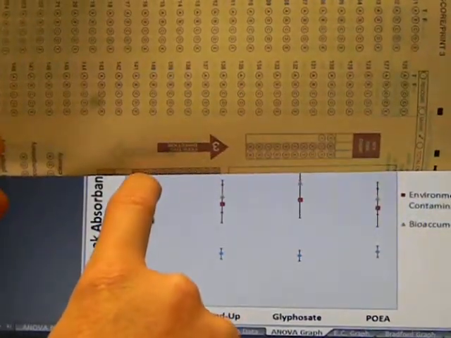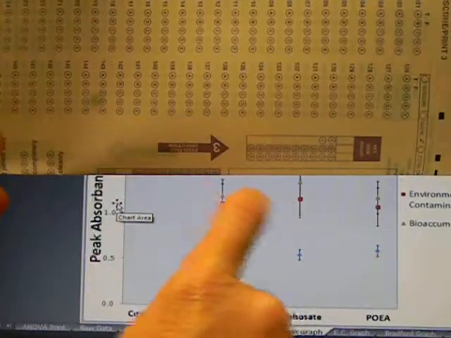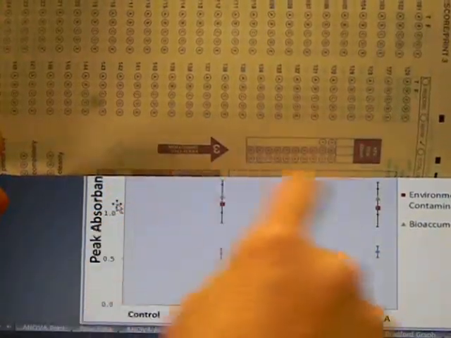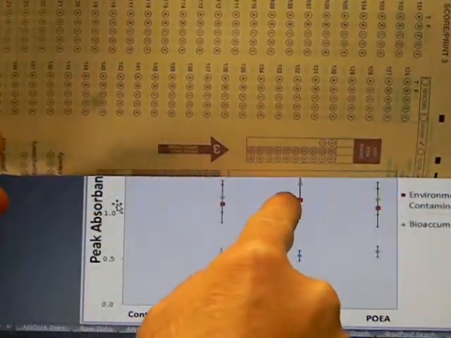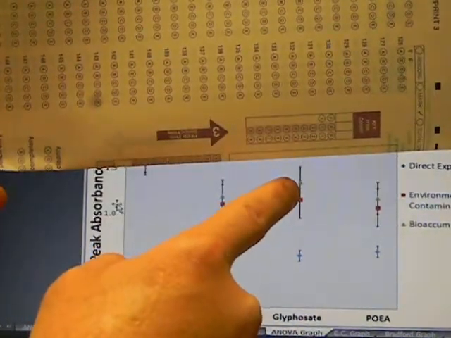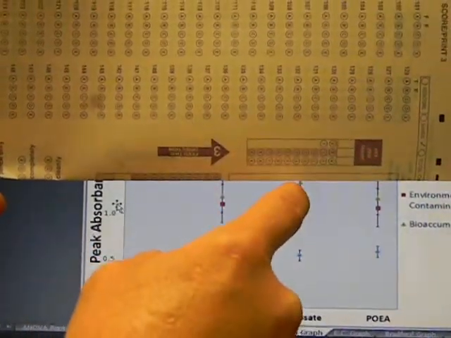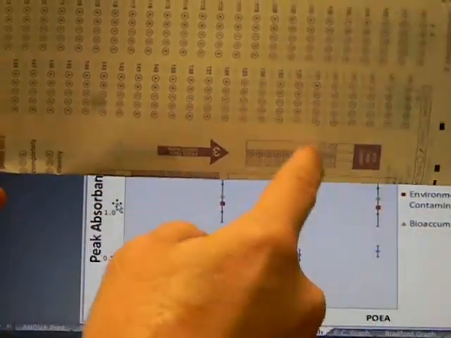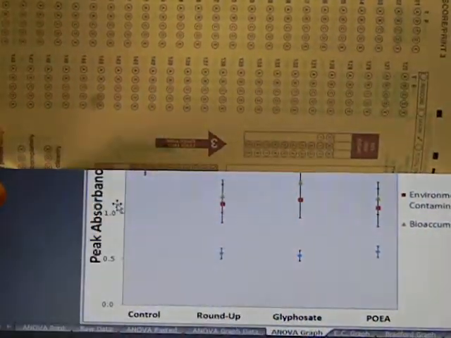So chances are the mean will be significantly greater than the mean of any of those. The only one that might be in question is here with glyphosate, in particular the green, the bioaccumulation with glyphosate. Other than that, they're all going to be significantly different than the control group.